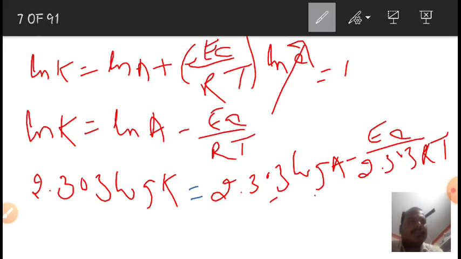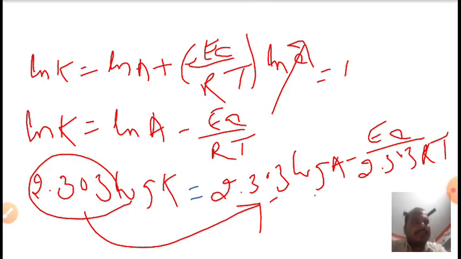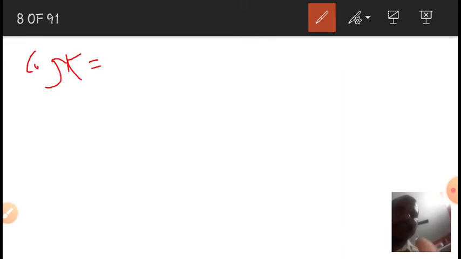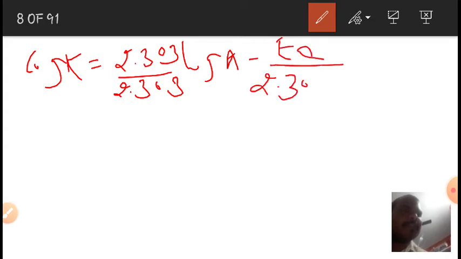Next, I am moving this 2.303 to the right side of the equation. Then I would get log k is equal to 2.303 by 2.303 log A minus Ea by 2.303 RT.